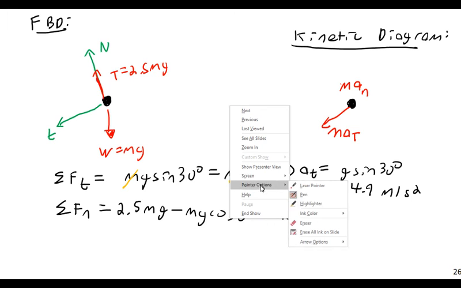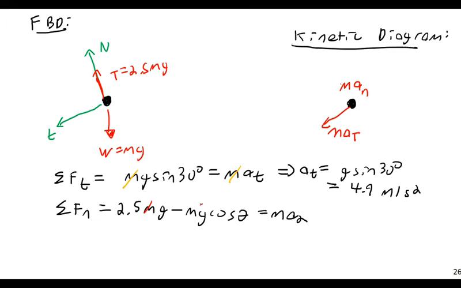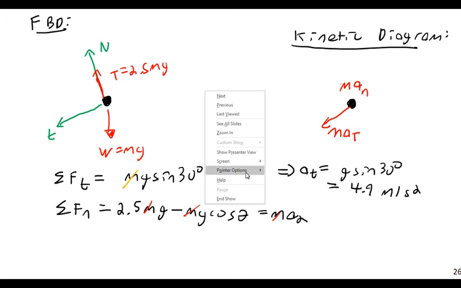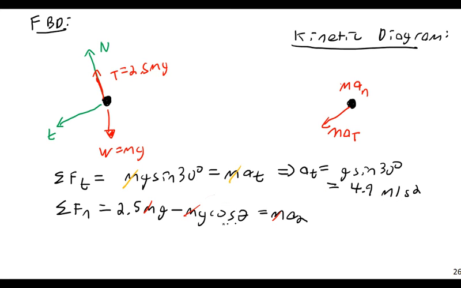And the masses again cancel out, not surprisingly. So a_n then equals g times 2.5 minus cosine 30.